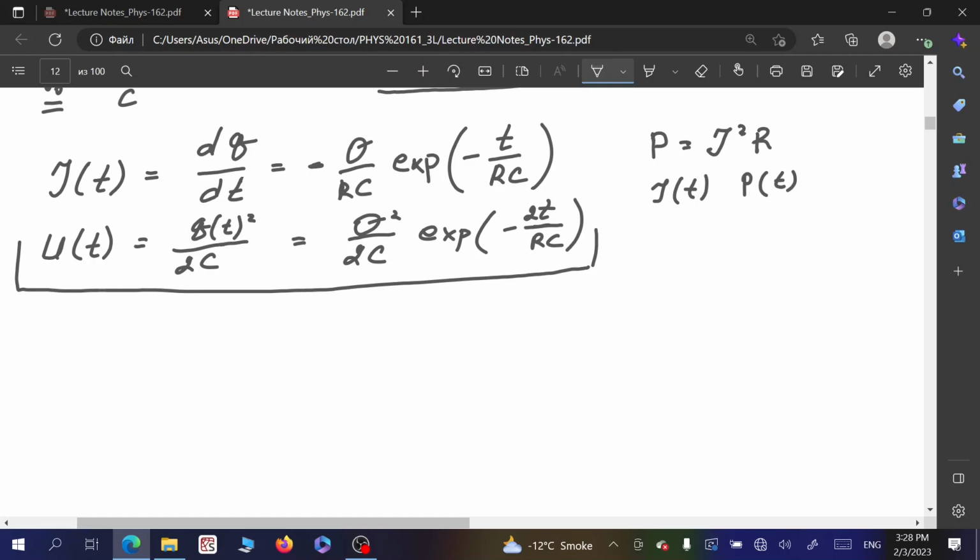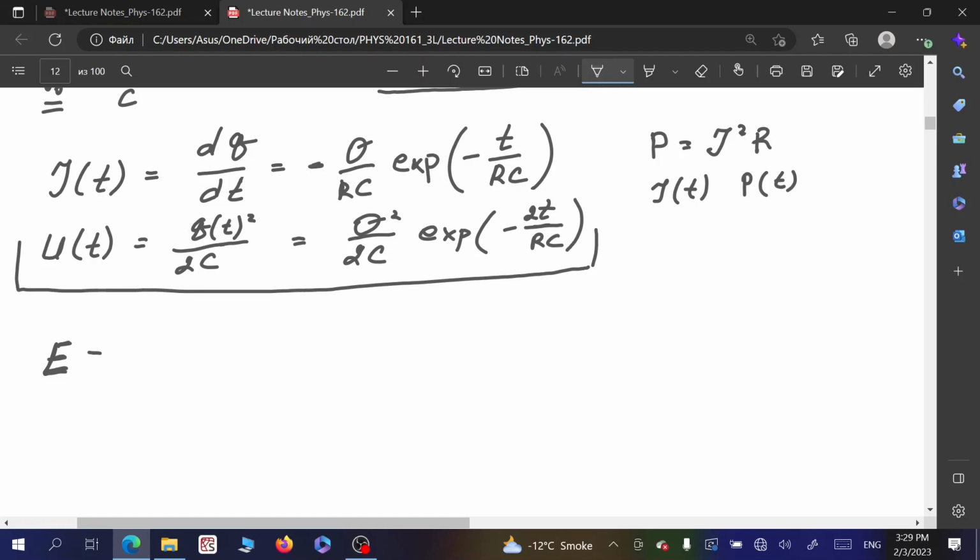Means we can consider from 0 moment of time to some infinity. So we can write that total energy, because if we consider power over some time interval, that will be energy.